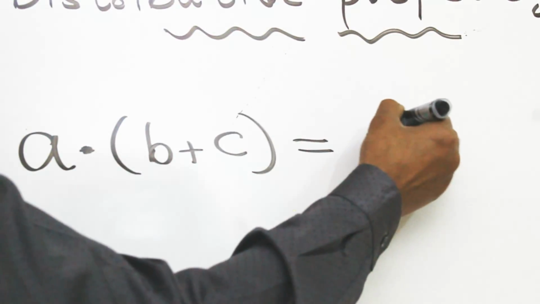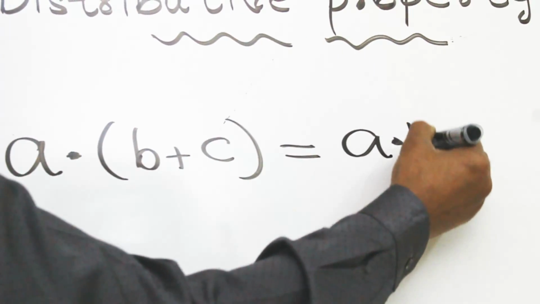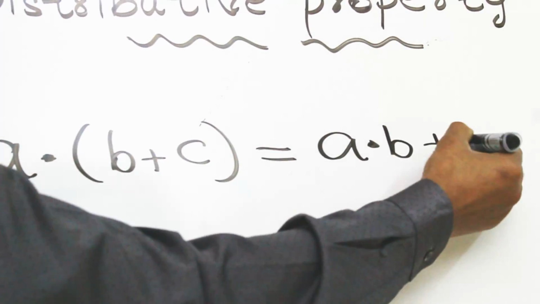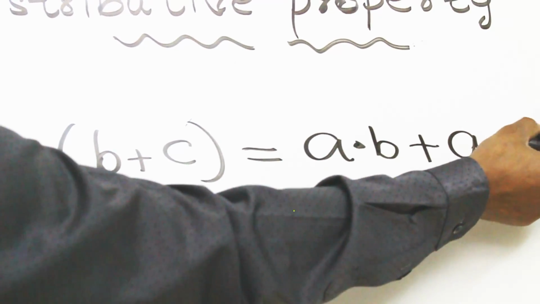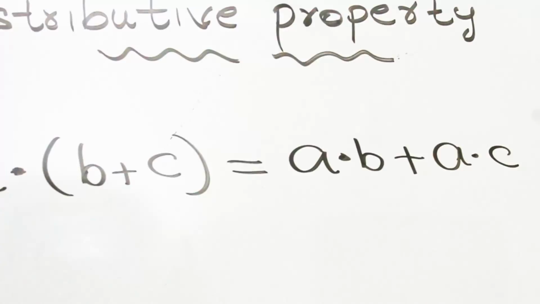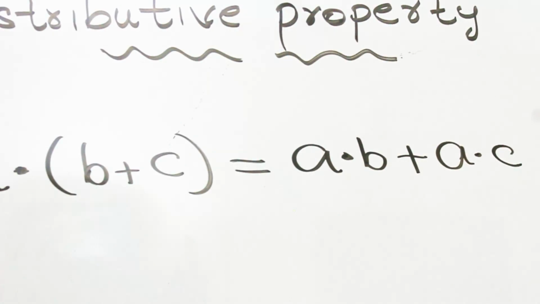This is equal to A multiplied by B plus A multiplied by C. This is what is meant by the distributive law, or distributive property. We can illustrate it with an example.